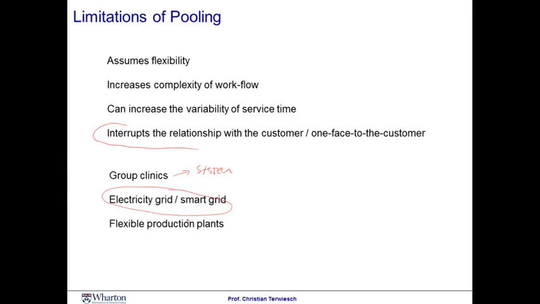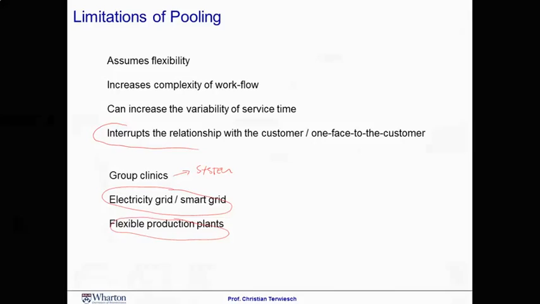Notice the idea of partial pooling that we talked about in the context of flexibility in production plants. We talked about how in the automotive industry, some companies, including Nissan, have been able to really, instead of having every plant be able to produce every vehicle, be able to have every vehicle be produced in 2 plants, so that we can get almost all the benefits of pooling without paying all the costs.